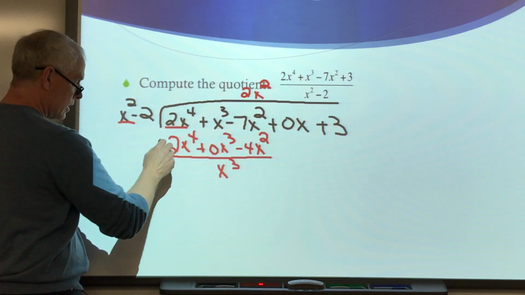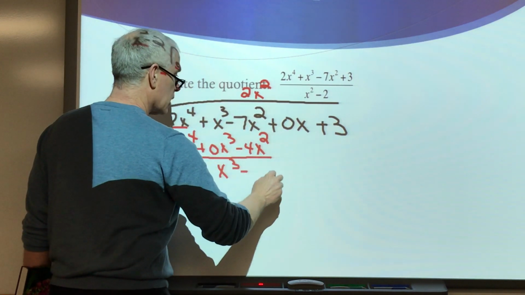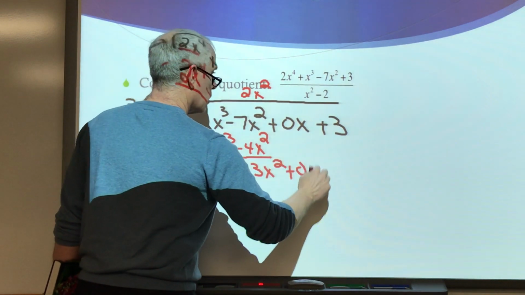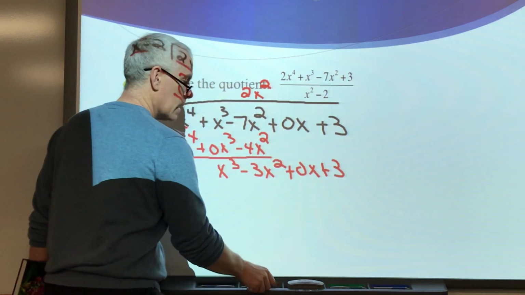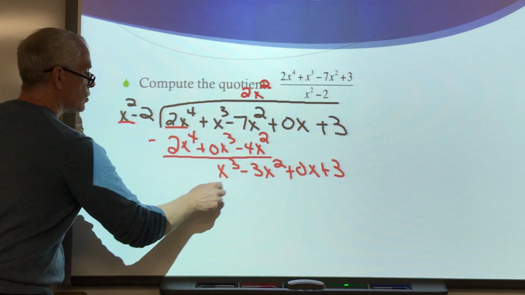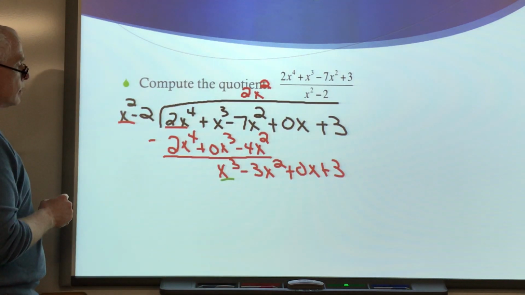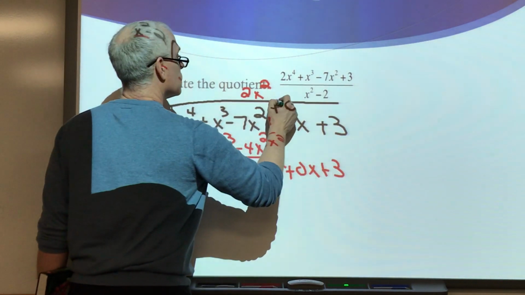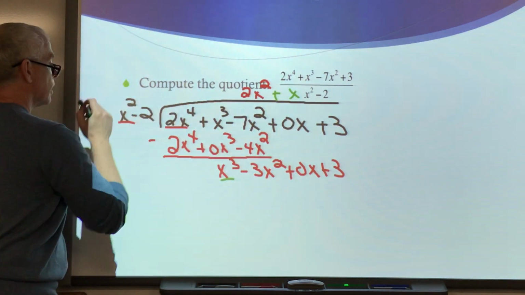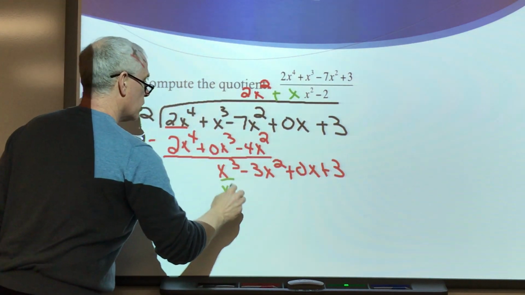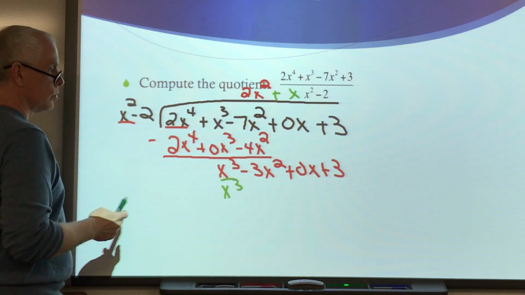Negative 7 minus a negative 4 is minus 3x squared. Okay. Look at the first term. X to the third divided by x to the second is x. X times x squared is x to the third. X times negative 2 is minus 2x.